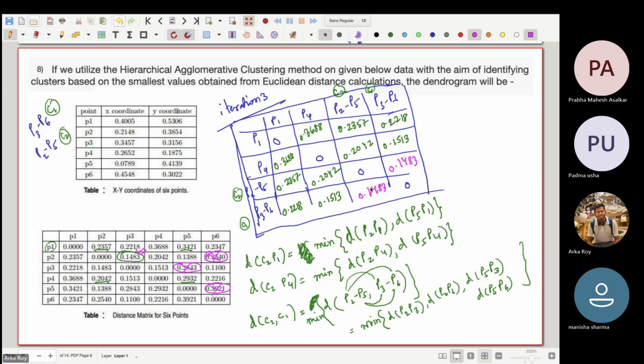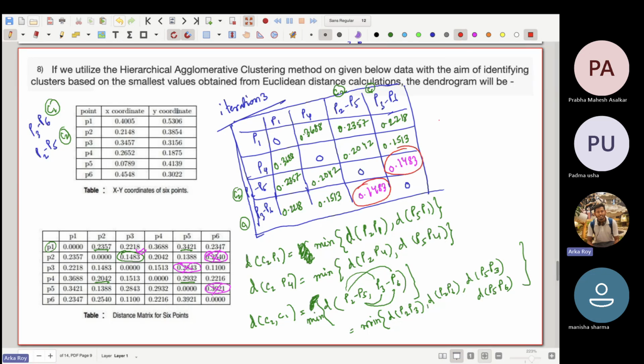So in this particular case, now we have to find what is the smallest value in the whole matrix. So this is 0.3623, 0.22, 0.2020. So this one is the lowest value.